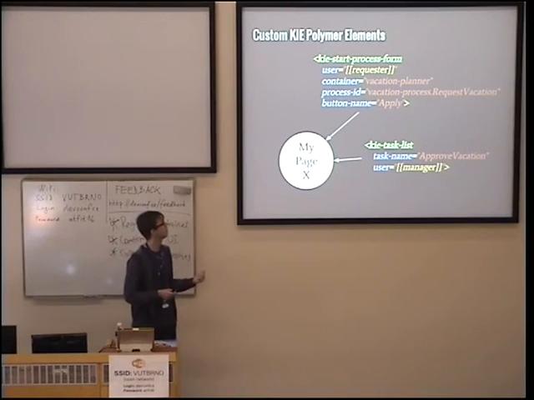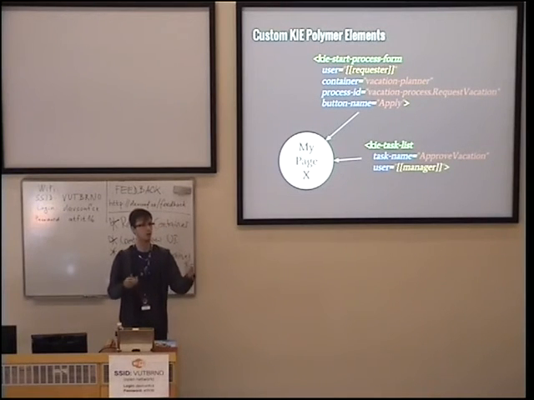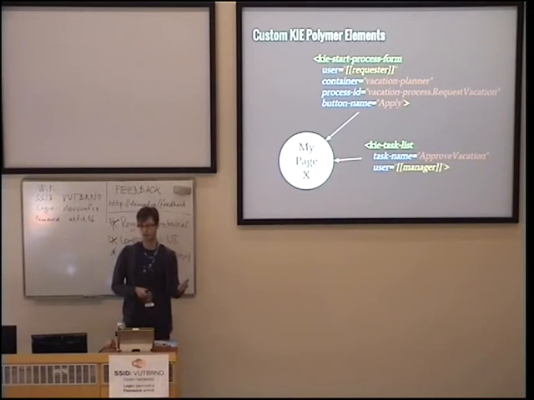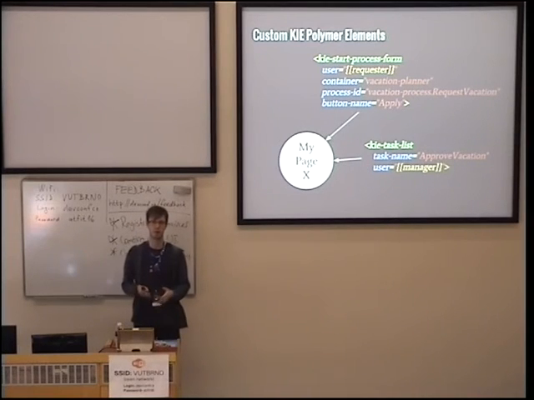So I was asking, what do we need to just show the form and start the process? Of course, it's the requester, the user who wants to start the process. It's the container, the name of the container which links to our knowledge Java archive, which contains all the processes, forms, etc. And because the knowledge Java archive can contain more than one process, we set there also the process ID to identify which process we want to start.